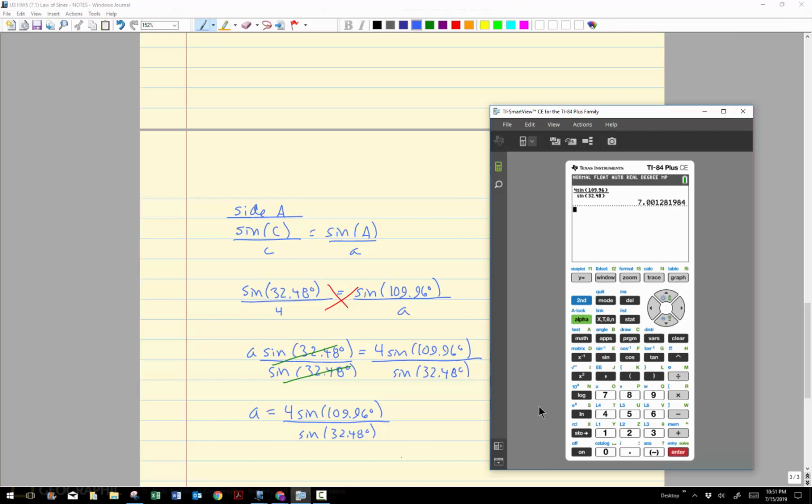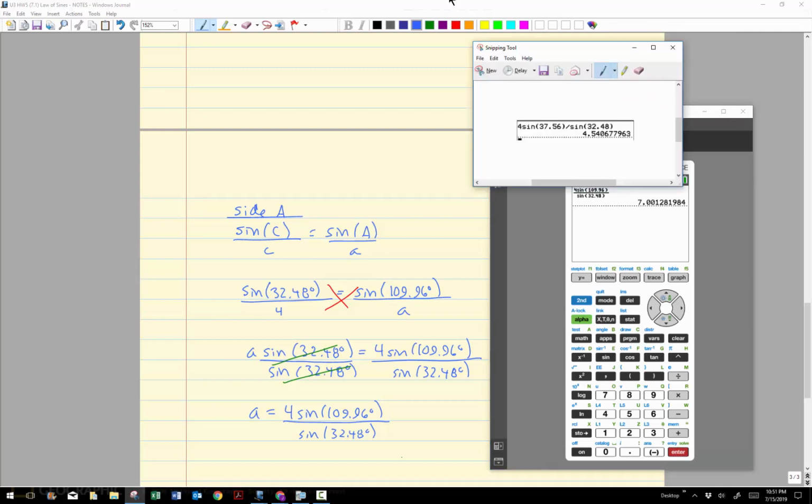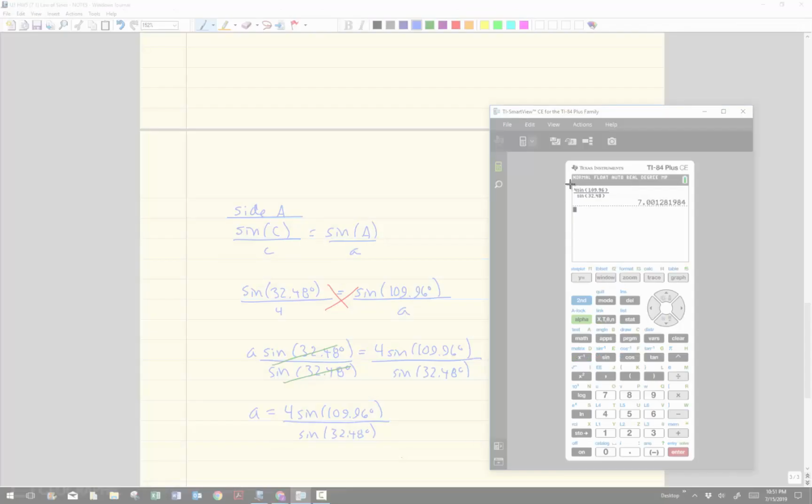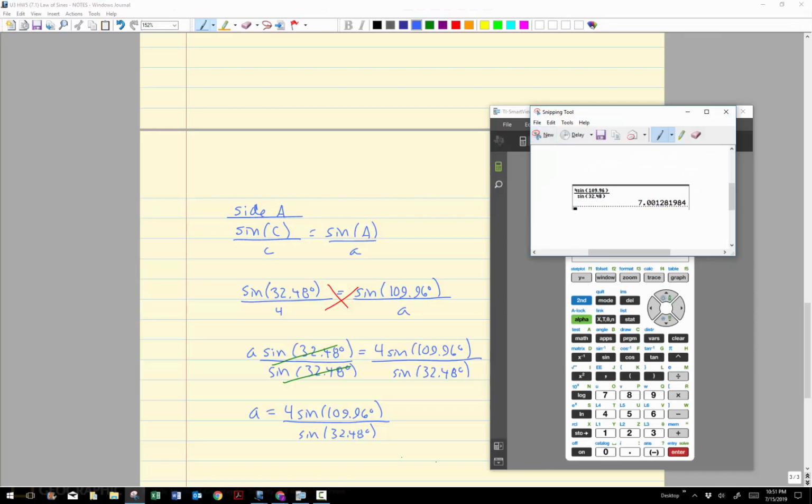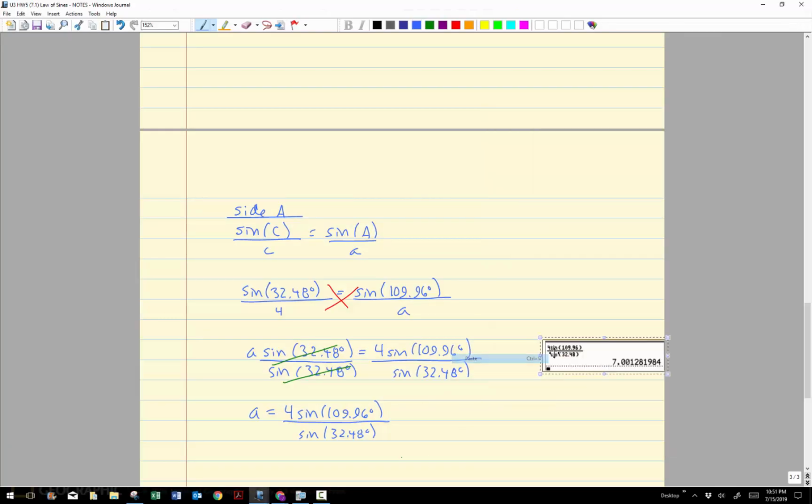Okay, there's my decimal. So we'll copy that into the lecture, and then we'll round accordingly. So this is equal to 7.001281984. If we round this to the nearest tenth, then side A is equal to 7.0.